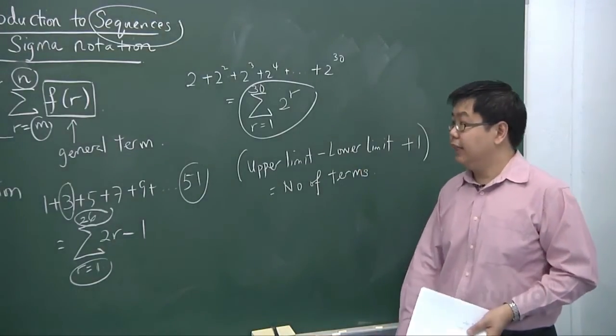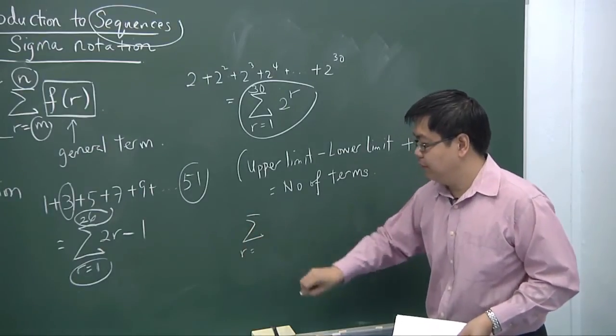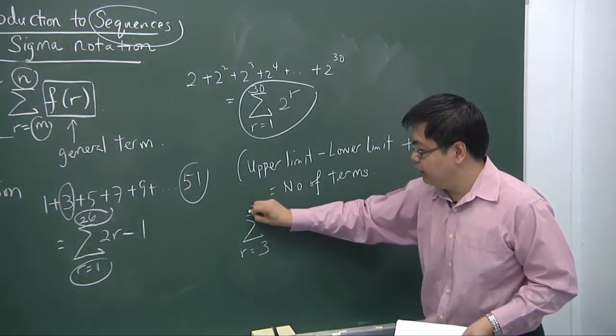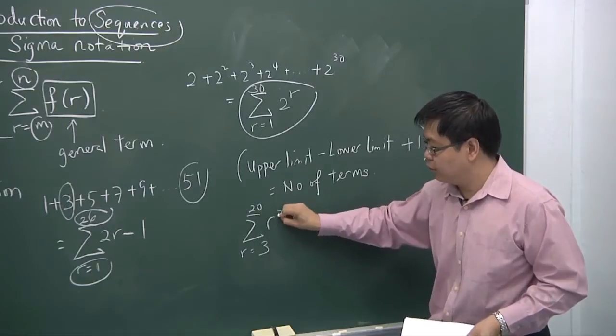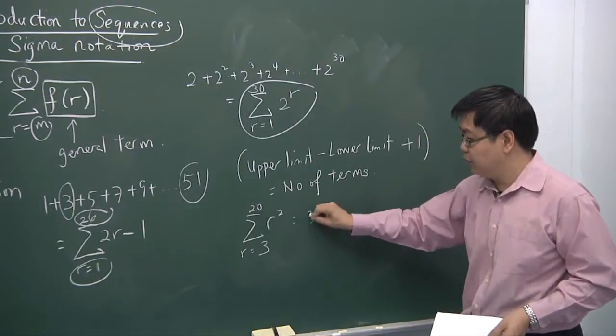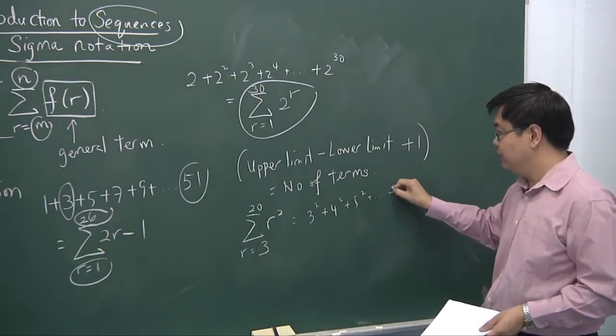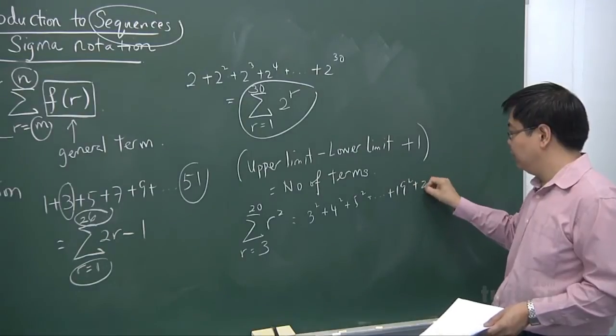Okay, let's take an example. Suppose you want to sum up from 3 to 20 of r squared. If you have to list down, you get 3 squared plus 4 squared plus 5 squared all the way until 19 squared plus 20 squared.